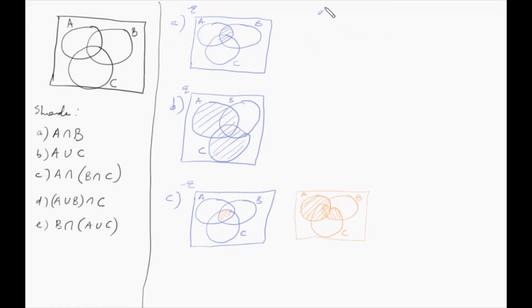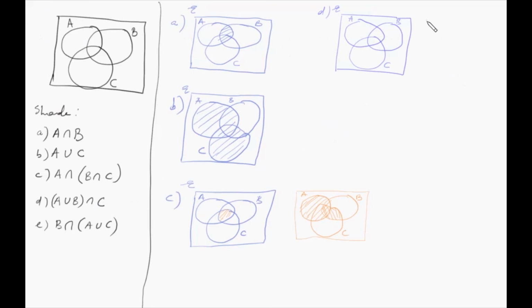D, this is the universal set. All right. Now, we have A union B and then intersect C. We can shade them separately.